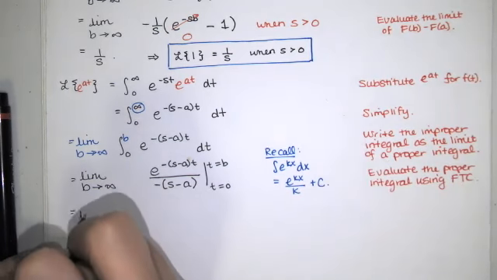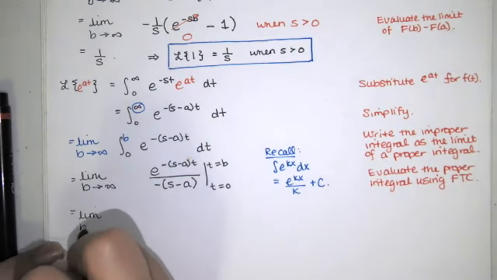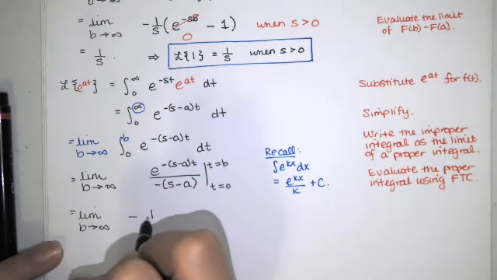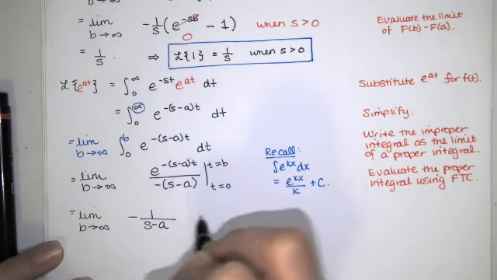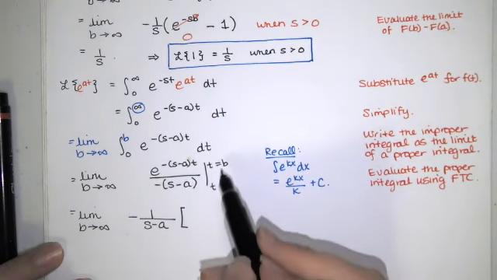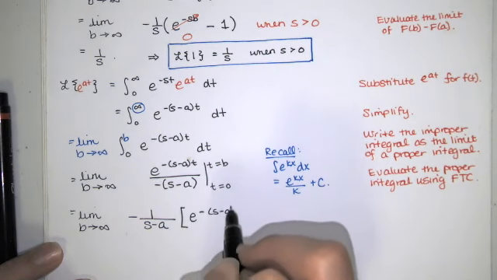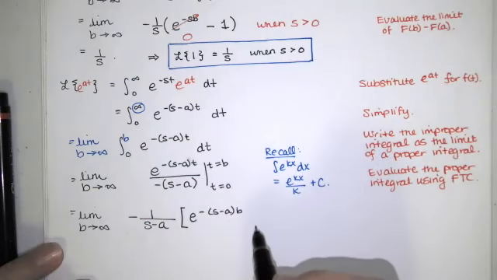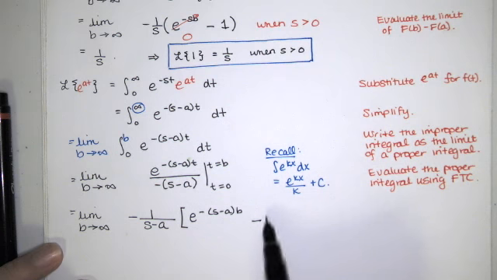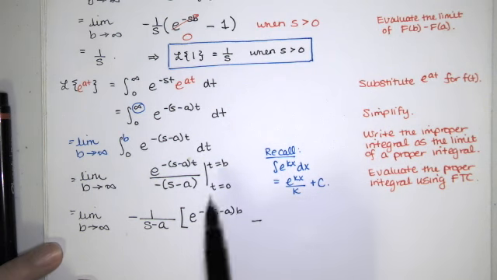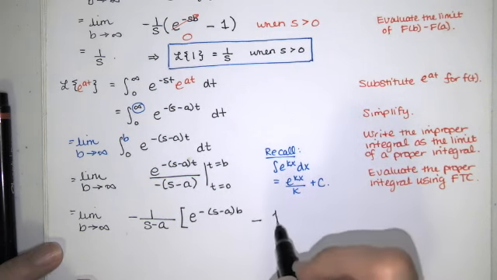And then I would factor out the negative 1 over s minus a. And then substitute in t equals b. And then when t equals 0, we substitute in that as well. This is our f of b minus f of a from the fundamental theorem. When t equals 0, this is e to the 0, which is 1.